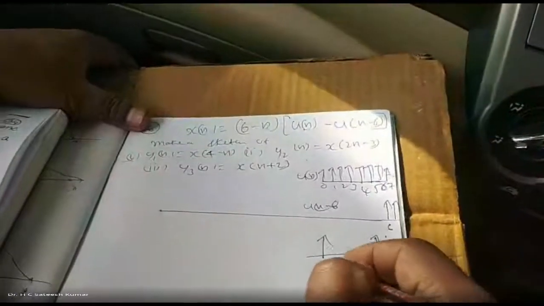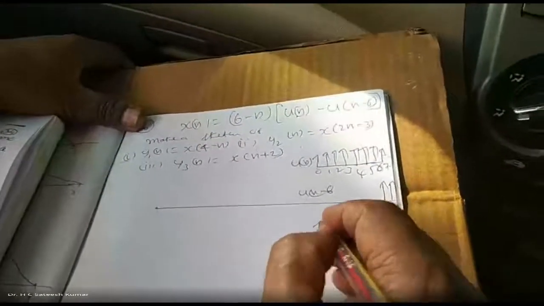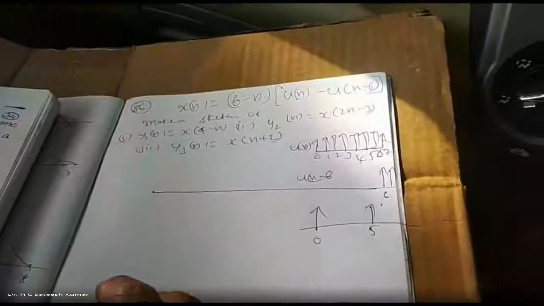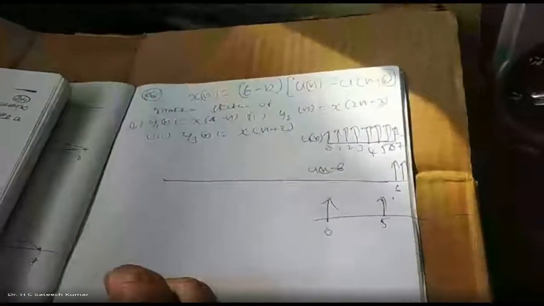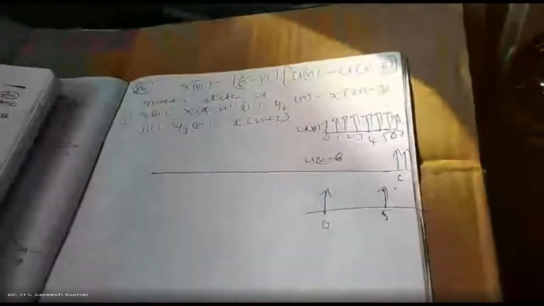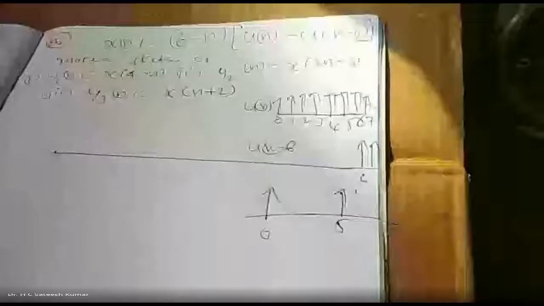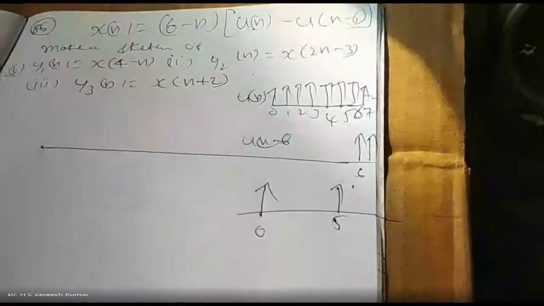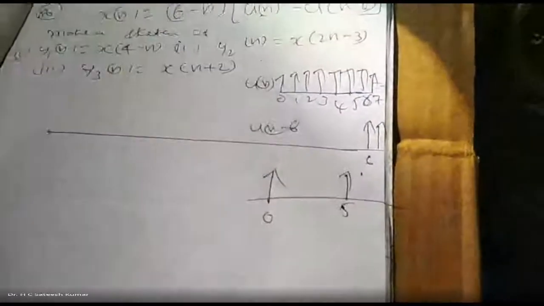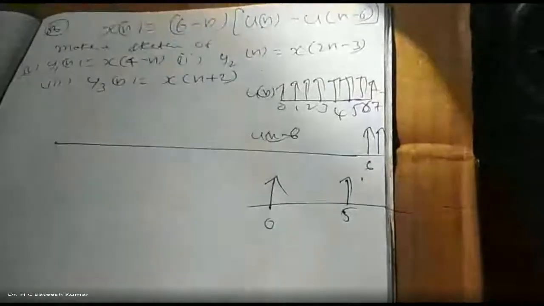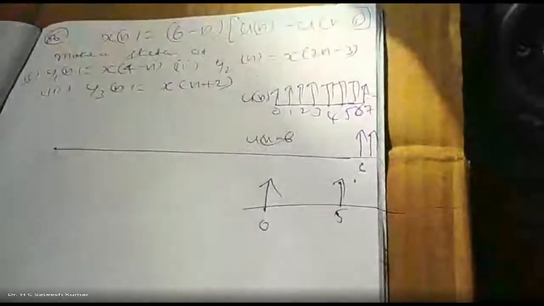You should be very careful while doing this kind of problem. The reason why I am saying this is, if it is a continuous time signal, let us say u of t minus u of t minus 6, then the answer will be different. u of t is ranging from 0 to infinity. u of t minus 6 is from 6 to infinity.